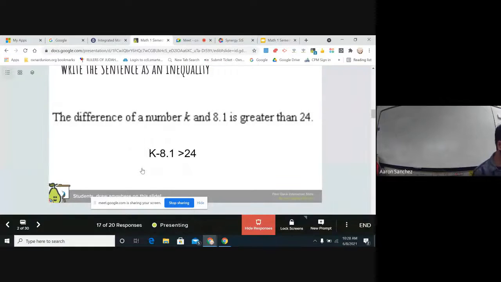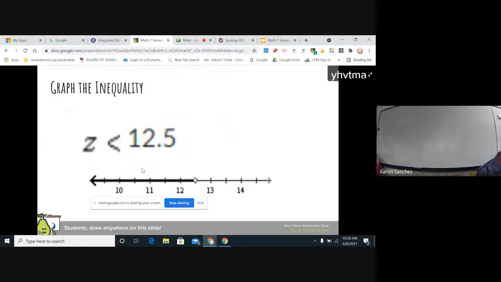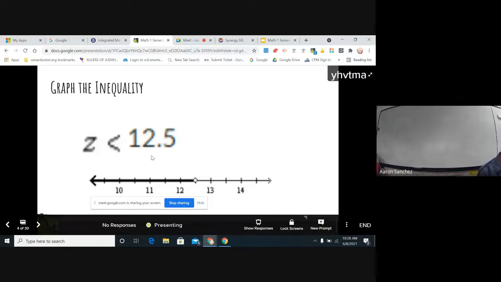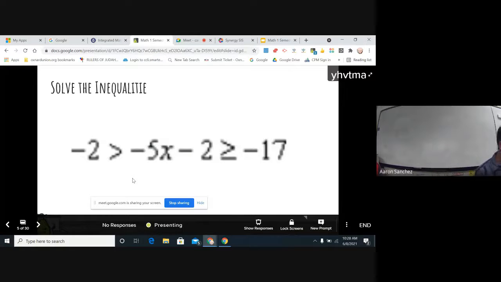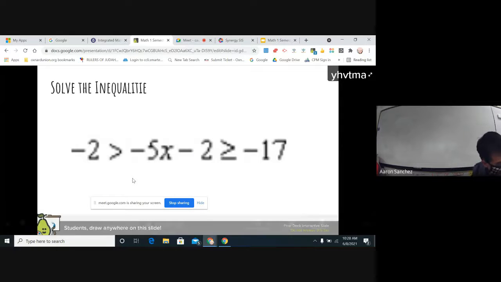Okay, this is Z is less than 12.5. You all can see it. Boom, it's less than 12.5. It looks like that. Now this solved the inequality.